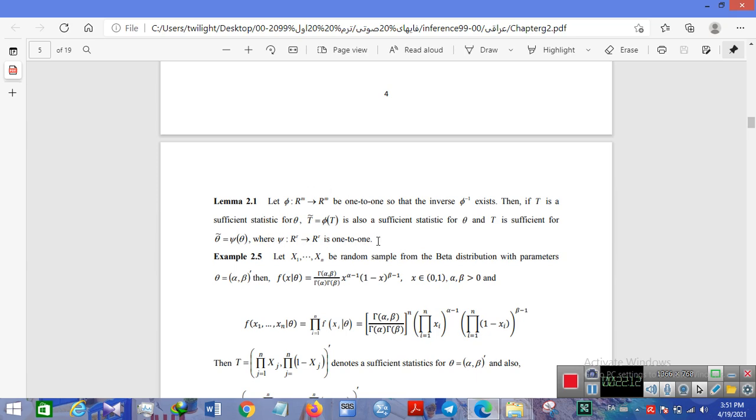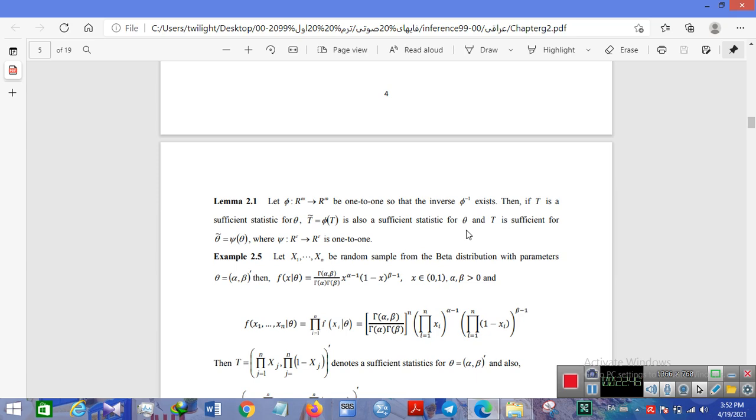This lemma is important because it gives a way to find more sufficient statistics for parameter theta. So if T is sufficient for theta, any 1-to-1 function of T is sufficient for theta, but T is sufficient for any 1-to-1 function of theta.